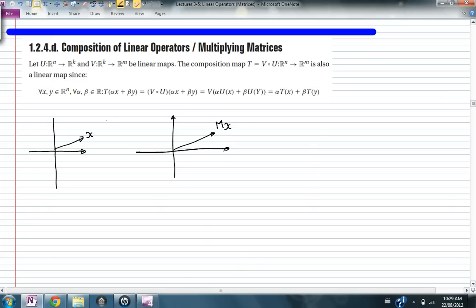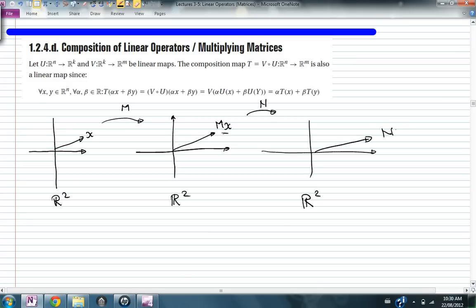If I take that new vector and multiply it by another matrix N, which is another matrix that takes, let's say, R2 to R2, I'm getting a new vector that's equal to NMx.